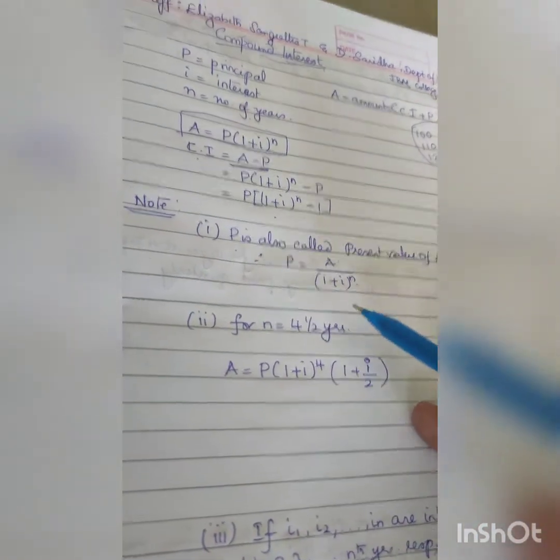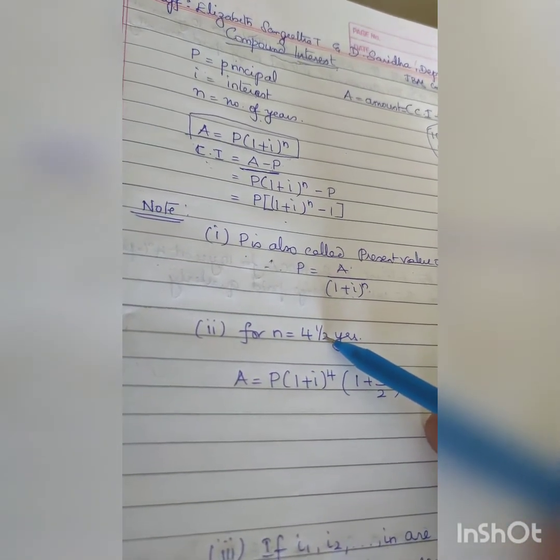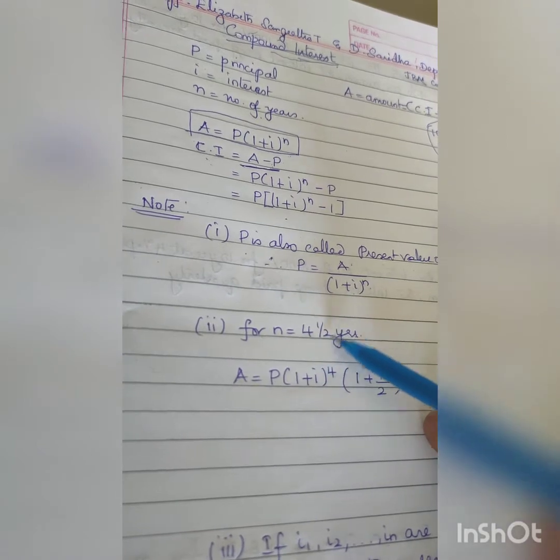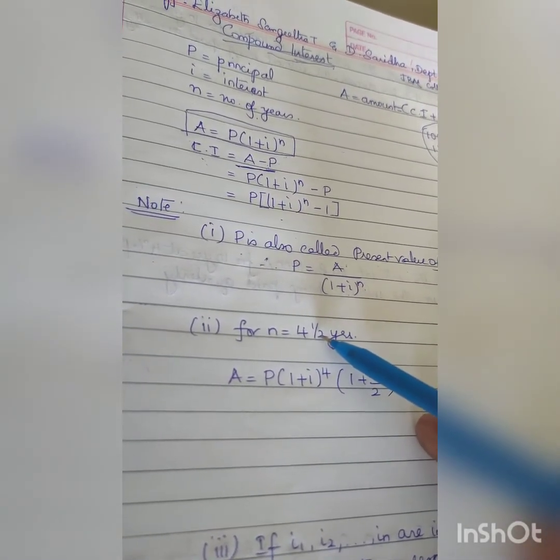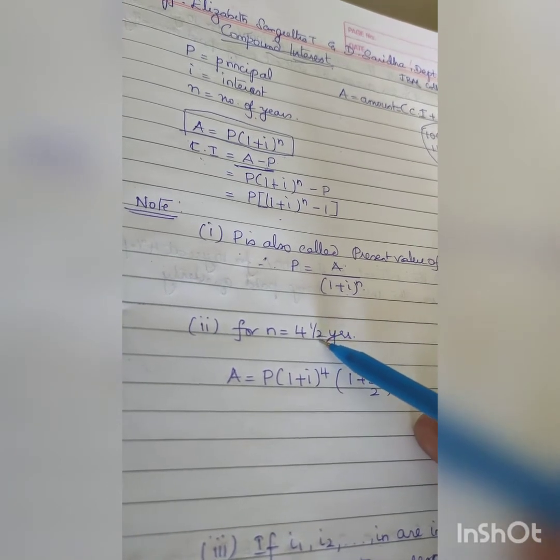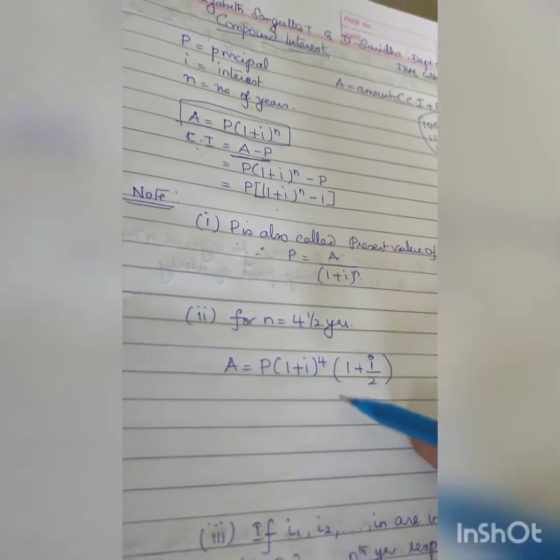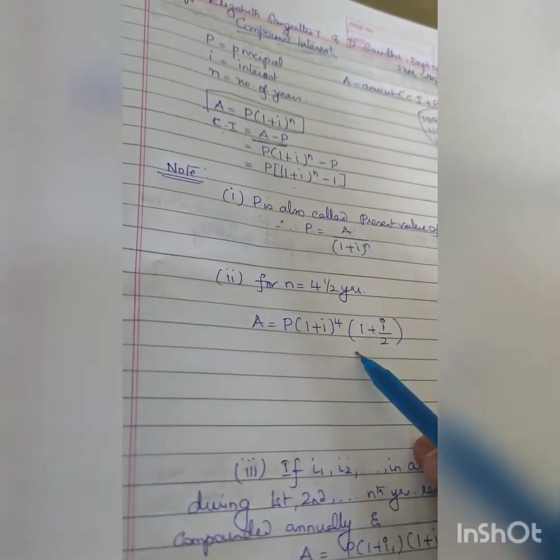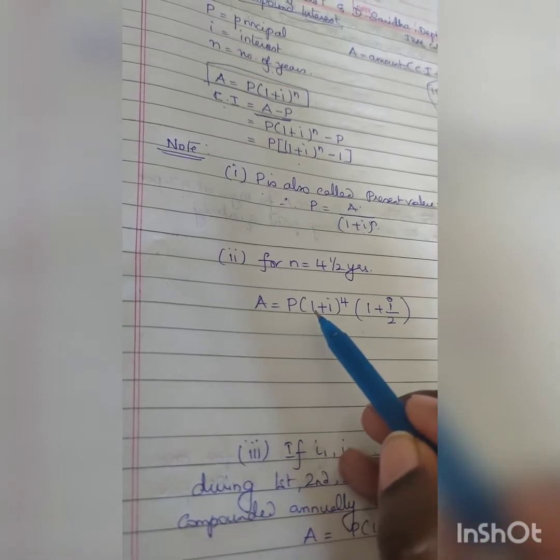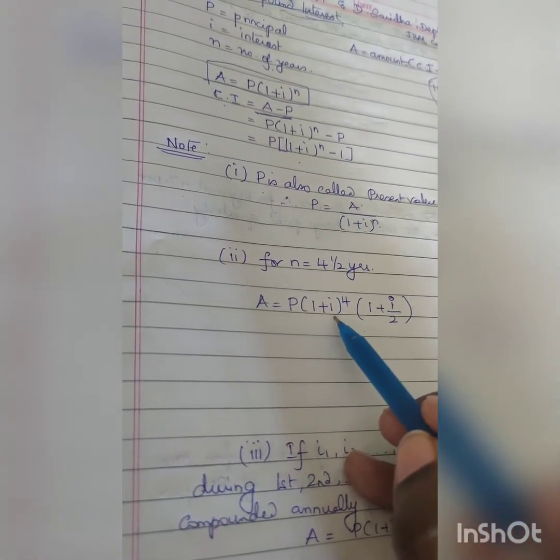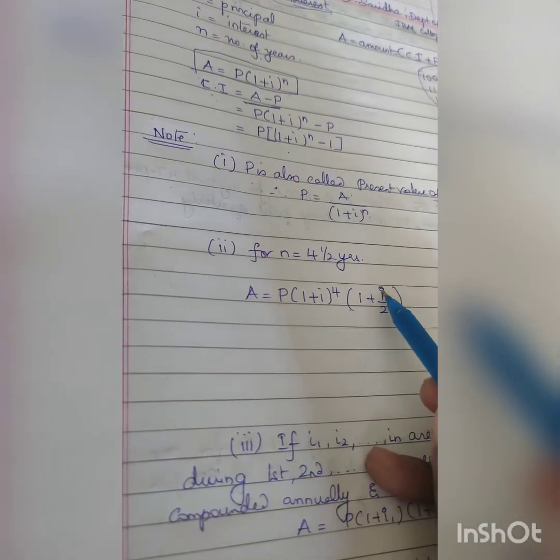And the second thing is, in simple interest, if you have 4.5 years, fractional years, you make it a full fraction: 2 into 4, 8 plus 1, 9 by 2 years. Whereas in compound interest, we don't do that. What we do is we split: A equals P into (1 plus I) to the power of 4 into (1 plus I by 2).